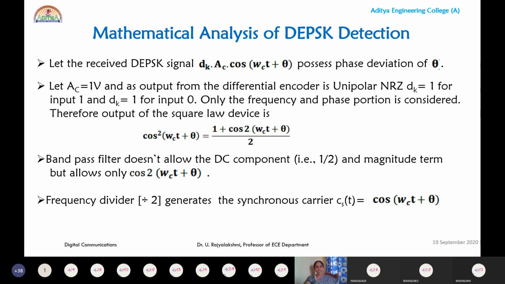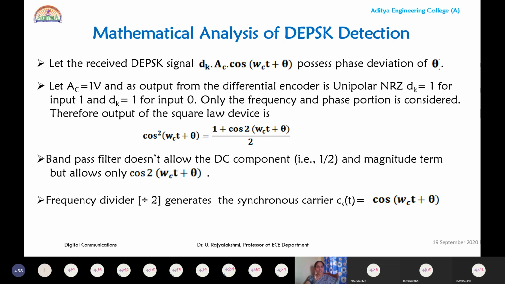Here the frequency is divided by 2 to generate the synchronous carrier, because this is a binary transmission technique. It generates the synchronous carrier, which is cos(omega ct plus theta). Now this is multiplied by the DEPSK signal.